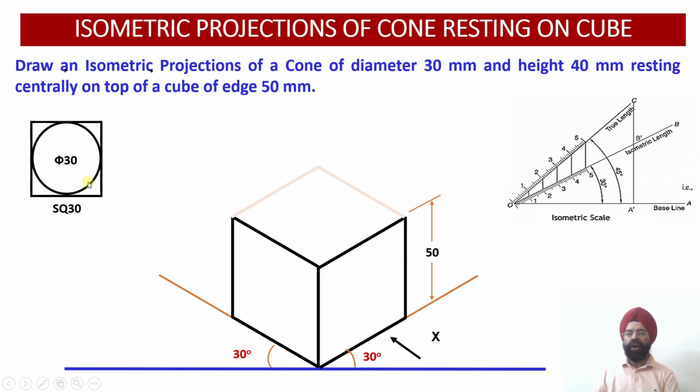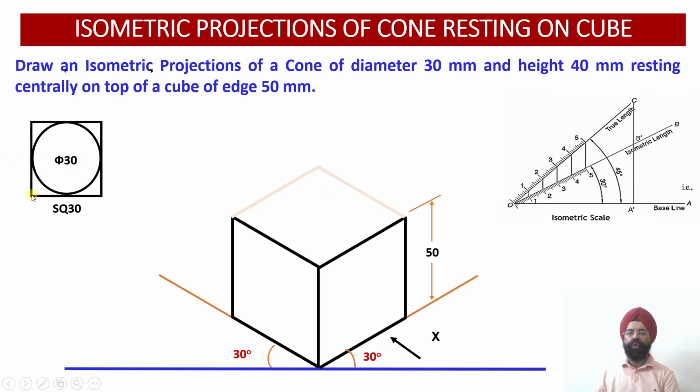So you cannot draw a circle straight away over here, and we know that a circle appears to be an ellipse in the case of isometric projection, and in order to draw the ellipse, the four center method will be required, as we have already discussed this method in the previous lecture.